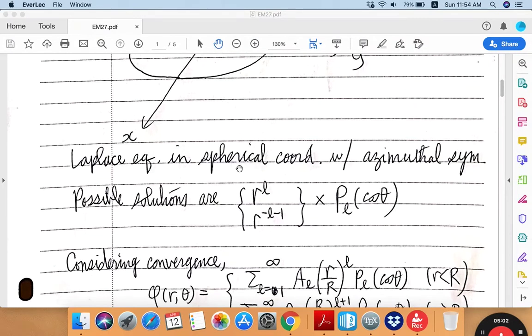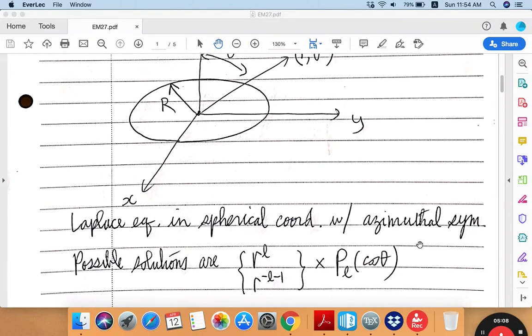Okay, and this is in fact the kind of combination that we saw emerging when we studied the electrostatic potential due to a ring with uniform charge coating the ring.